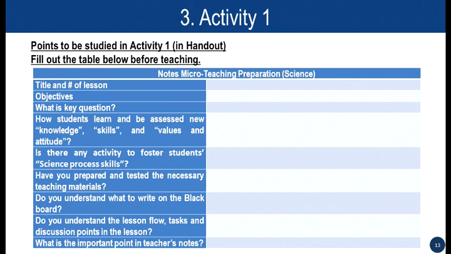attitude. Is there any activity to foster students' science process skills? Have you prepared and tested the necessary teaching materials? Do you understand what to write on the blackboard?